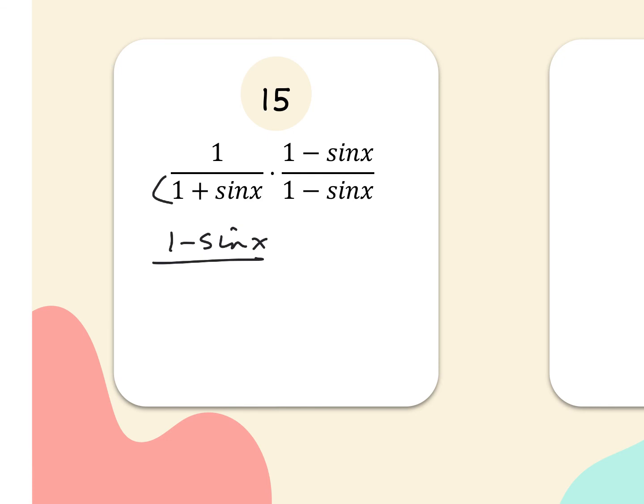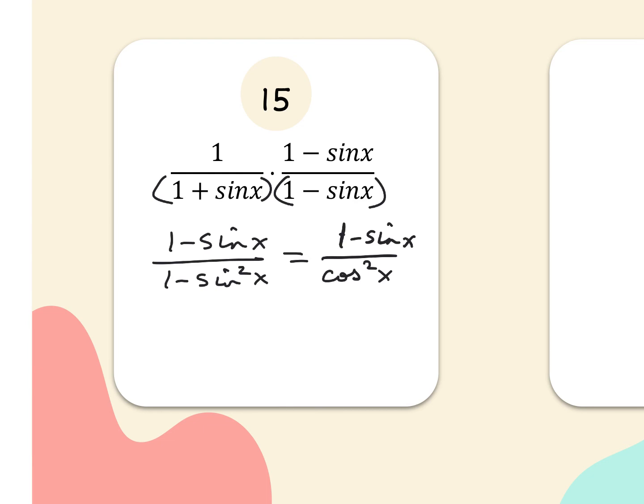The denominators I have to FOIL, and this becomes 1 minus sine squared x. Again, I can use the same identity I just used and replace that denominator with cosine squared x. And then I have 1 minus sine x on the top.